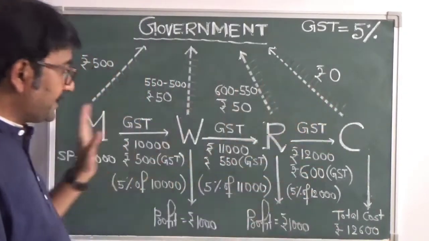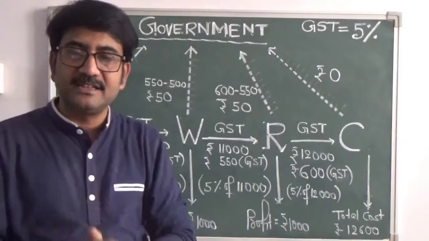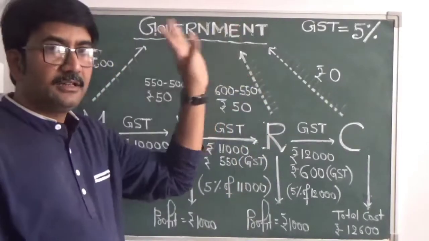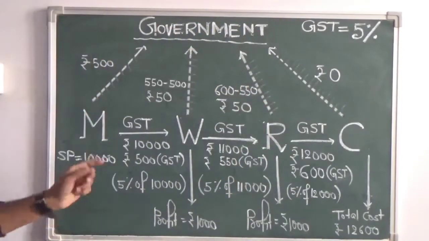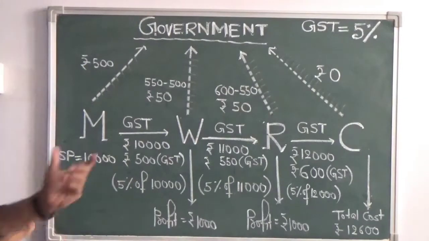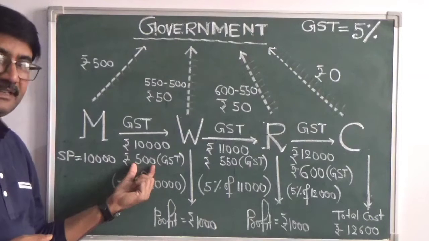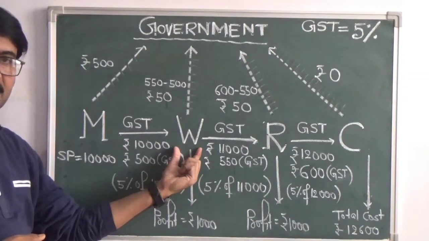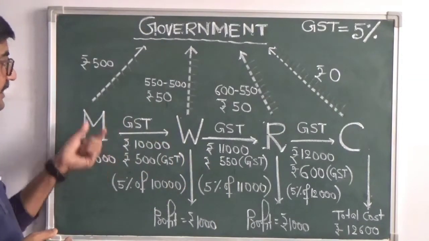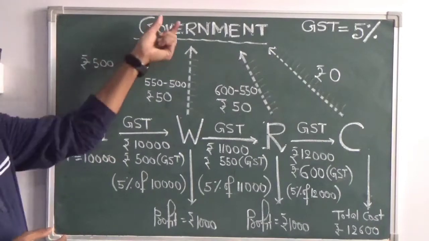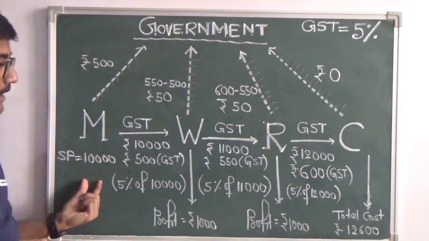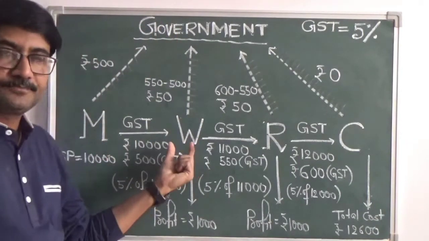Now in this supply chain we will see how the GST reaches the government, the procedure. In the first stage, the manufacturer collects a GST of rupees 500 from the wholesaler, and this 500 is paid as GST to the government by the manufacturer. Here comes the wholesaler.